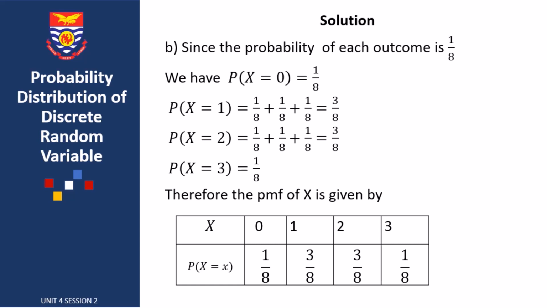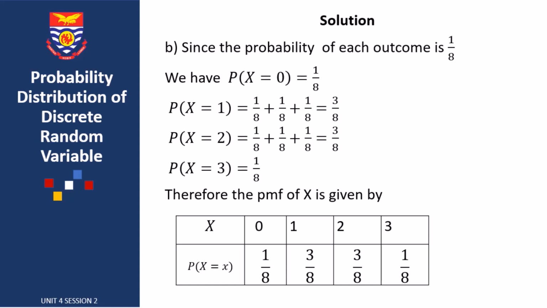Looking at part B of the question, we have to find the probability distribution of x. How do we get it? We already made it clear that the probability of each outcome is 1 over 8.